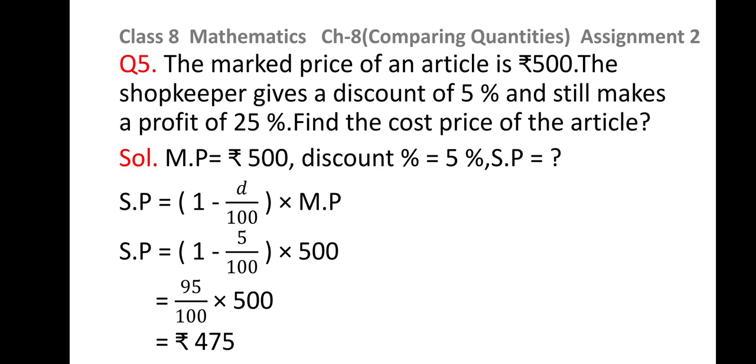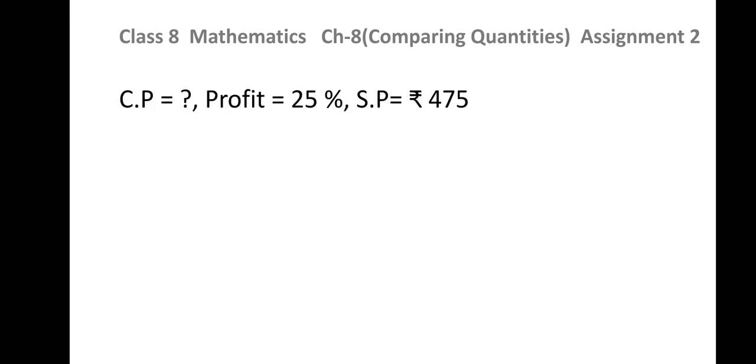Yes, definitely. We have one formula, as I told you, relating SP, CP and profit percentage, and we have done the formula relating SP, CP and loss percentage. But here in this question, we need to use the formula relating SP, CP and profit percent. So, profit percentage 25%, SP is 475, CP is unknown to us.